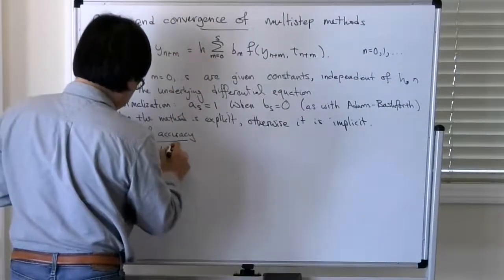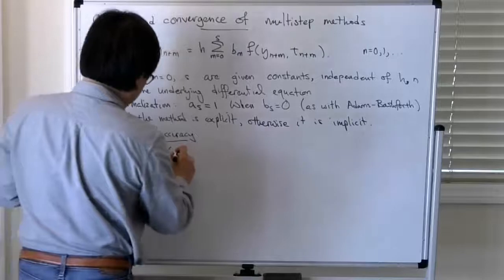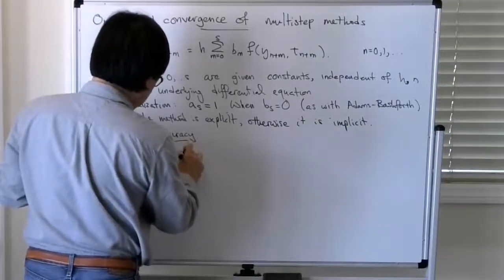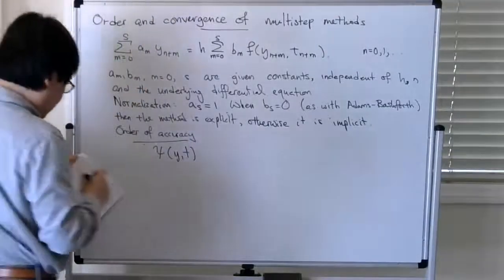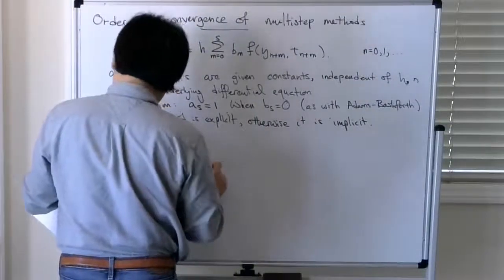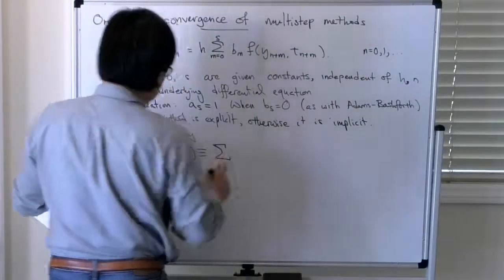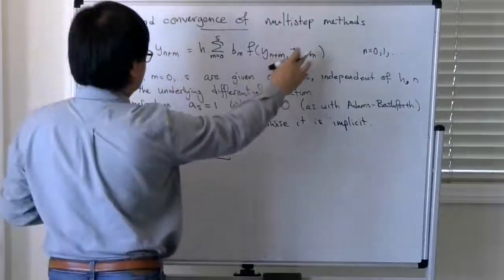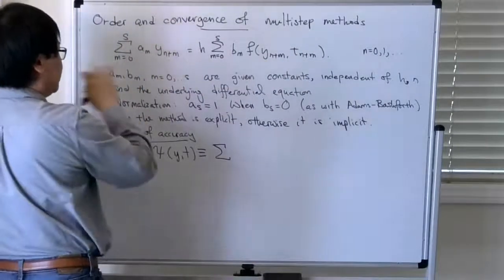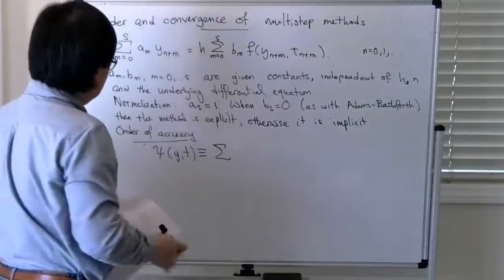Okay, so I'm going to define phi of y and t. And so this is going to be defined to be, basically, I'm going to take this and move it to the left-hand side, and I'm going to substitute the exact solution into that.